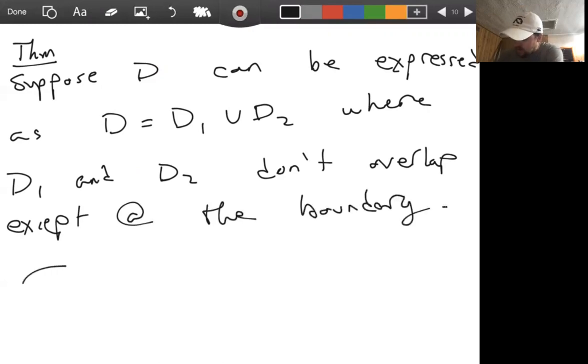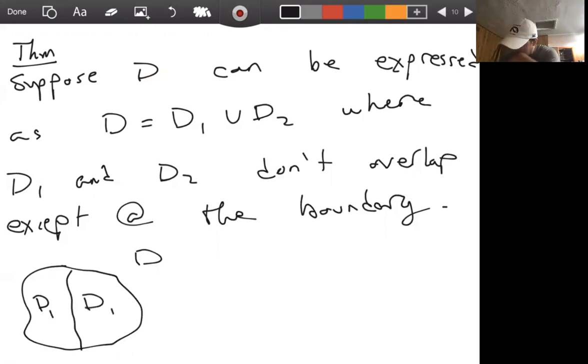So what I mean here is, if we have some region D, and maybe it's actually composed of two regions, D1, D2 here.